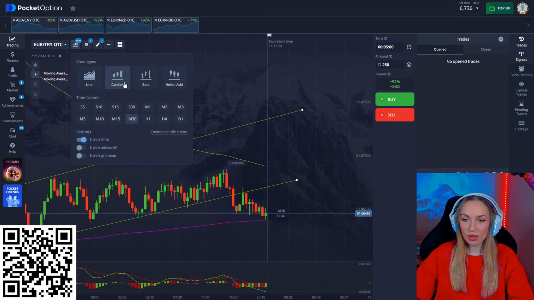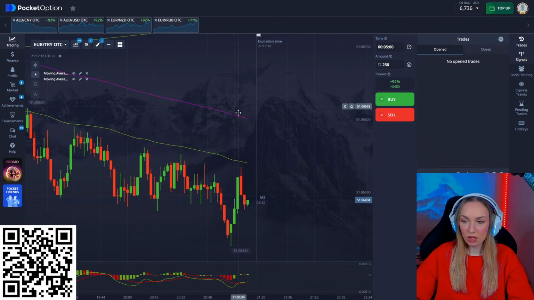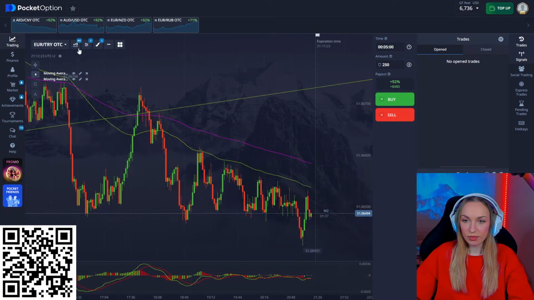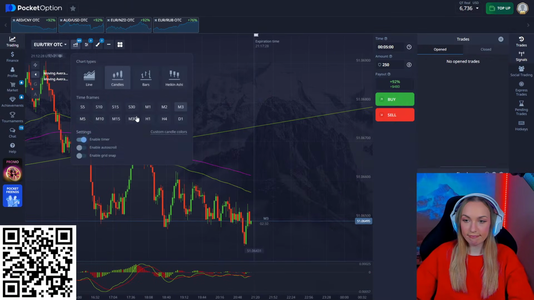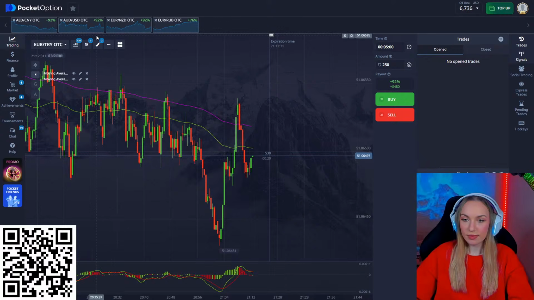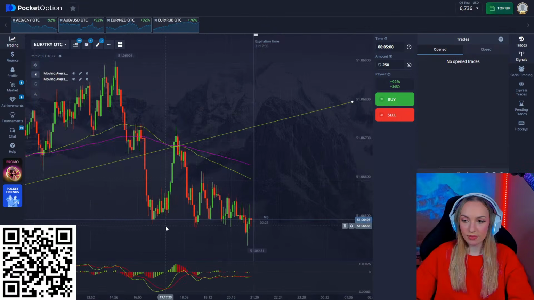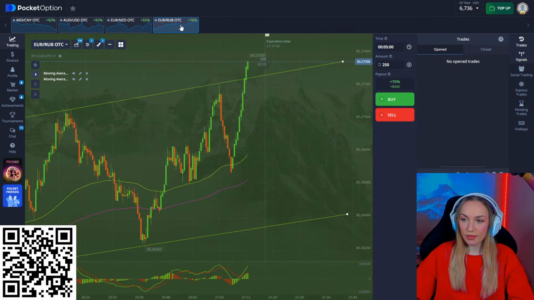Okay, Euro TRY seems like changed the trend direction. Euro Ruble even broke the resistance.